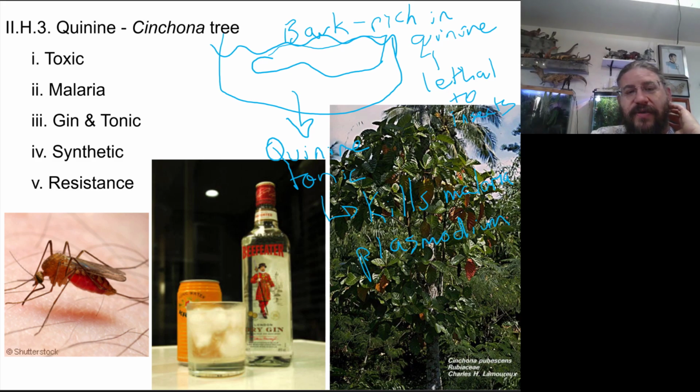And as it turns out, when the cinchona tree's bark is soaked in water, you get this quinine tonic that when you drink it, it gets into your blood and kills the malaria plasmodium. And it gives you resistance to malaria, and it helps treat malaria.